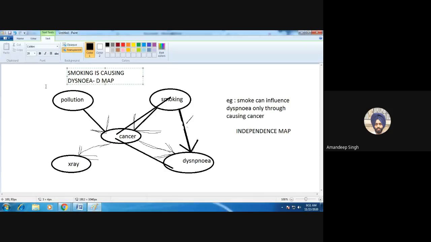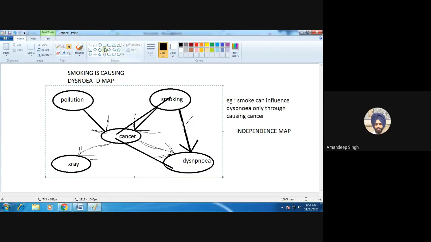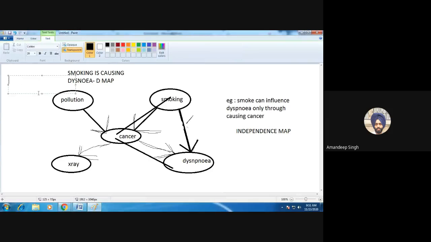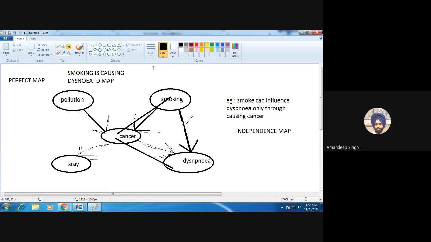And the whole diagram consisting of both independence maps and dependence maps is referred to as a perfect map.